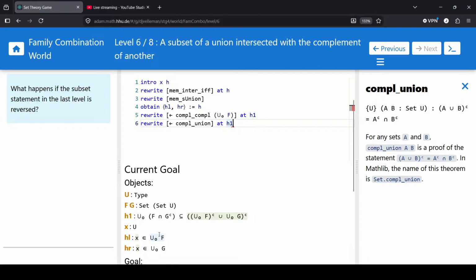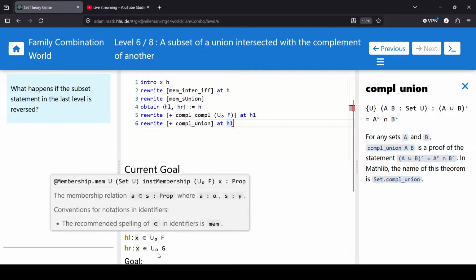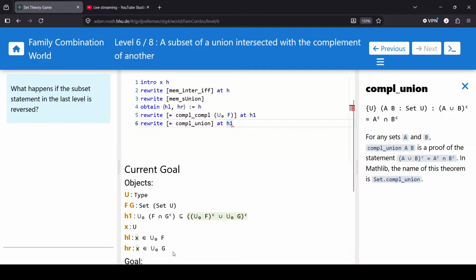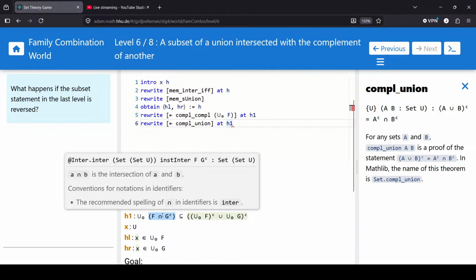Okay, but what if X is in the part that is in G? Then it wouldn't be in this part.